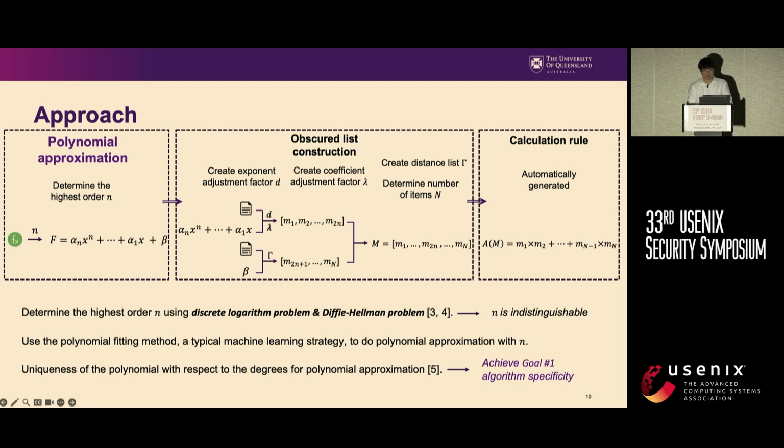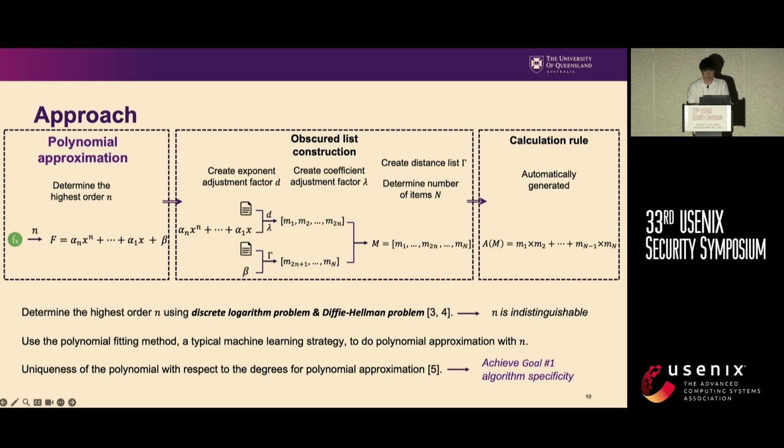When transforming a complicated algorithm to a polynomial form, we must determine the highest order of the polynomial first, which is also called the degree. We utilize the discrete logarithm problem and the Diffie-Hellman problem to construct an indistinguishable n. This ensures that the degree of the polynomial is secret and cannot be easily reverse engineered by an adversary.